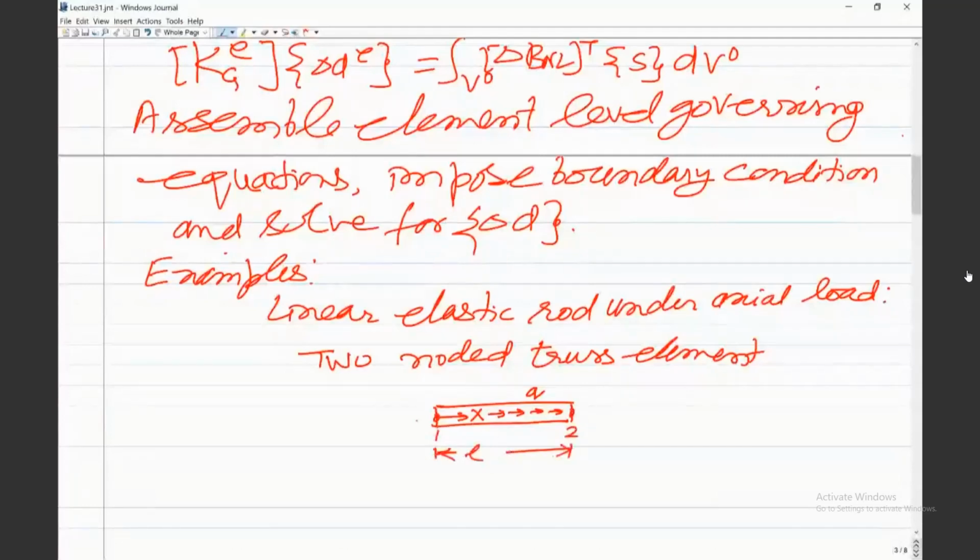In addition to the distributed force, there are concentrated forces at nodes 1 and 2, and the degrees of freedom are u1 here and u2 here. This is the example we are considering. The only thing is that we are considering the deformation gradient, in this case du by dx, to be finite. So we need to consider the quadratic terms in the Green Lagrange strain tensor.